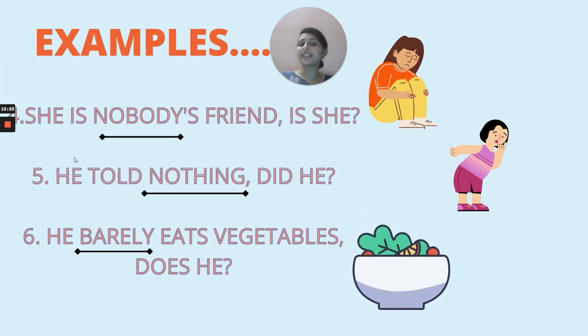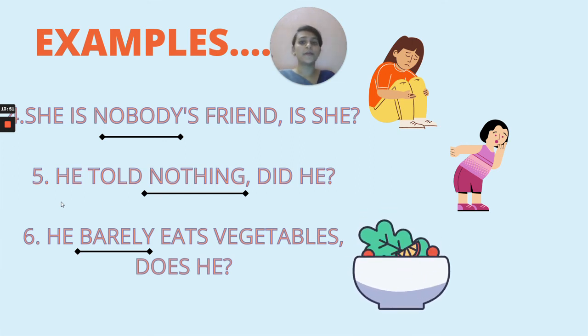She speaks English, doesn't she? He writes neatly, doesn't he? All these things are happening now. Simple present tense. So that's why you will use doesn't or don't.